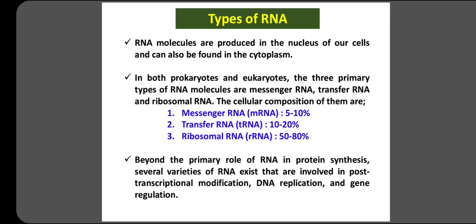In both prokaryotes and eukaryotes, the three primary types of RNA molecule are messenger RNA, transfer RNA, and ribosomal RNA. Their cellular composition is messenger RNA 5 to 10%, transfer RNA 10 to 20%, and ribosomal RNA 50 to 80%.